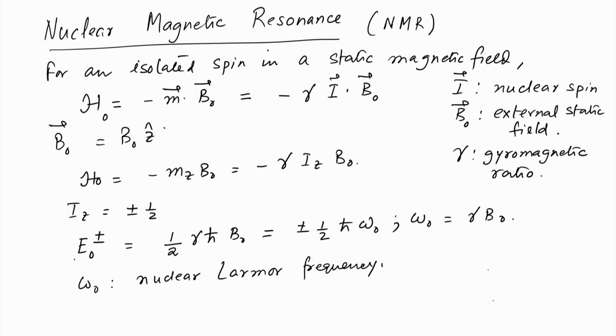So, the energy eigenvalues corresponding to these values of I z are given by plus minus half h cross omega 0, where omega 0 is the gyromagnetic ratio multiplied by the external magnetic field, and this omega 0 is called the Larmor frequency.